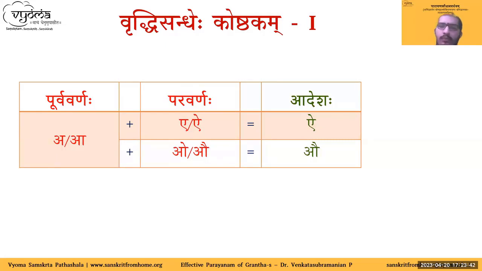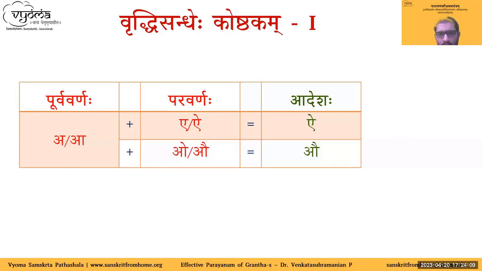So in this rule, the Purva Varna will be Akara or Akara, that is Hrasva A or Dirgha A. Paravarna can be E, Ai, O, Au, any one among these. If the Paravarna is Ekara or Aikara, then the Adesha is Aikara.